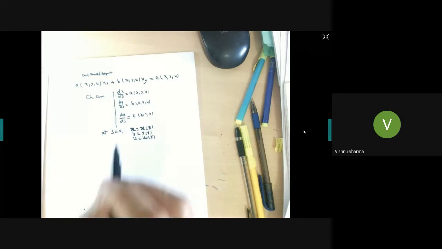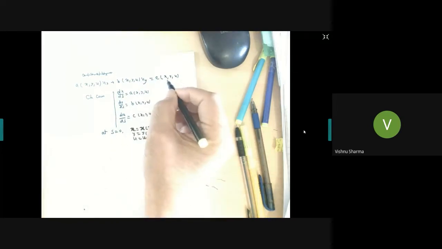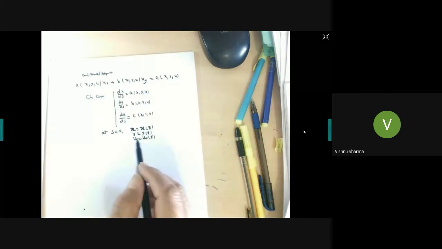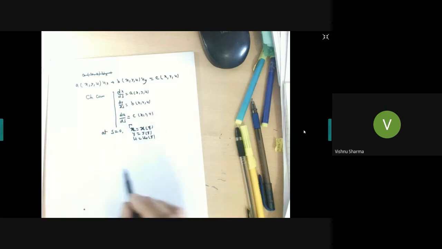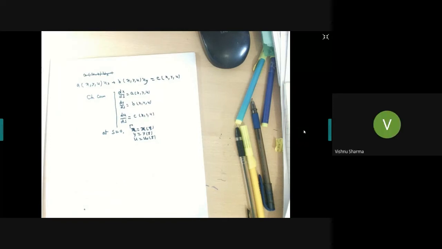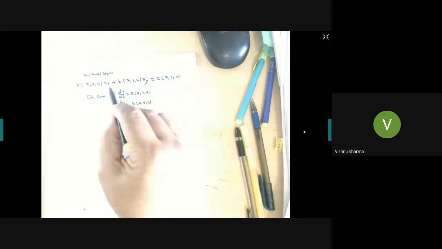Some initial conditions were specified here, so as a matter of fact, this is the given curve. That means you reduce the original Cauchy problem to the problem of solving this system.